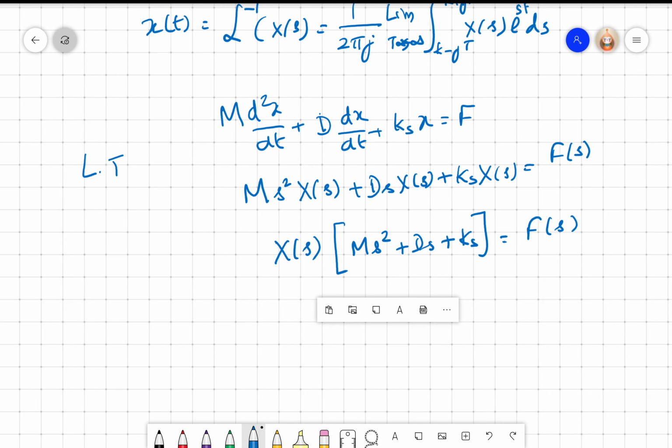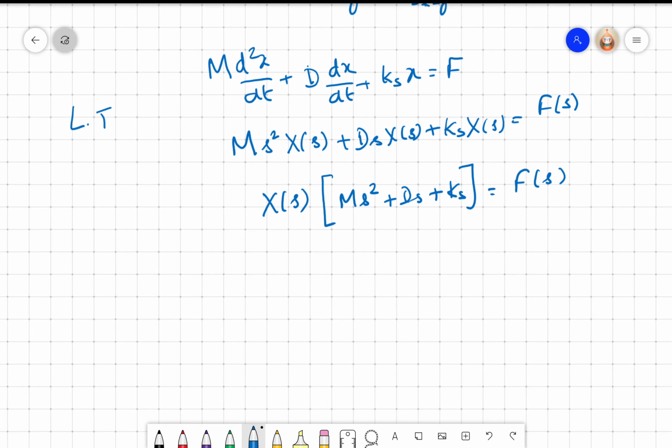Then I can easily calculate, if I have the mass, damping, all those values, I can put them in this equation and calculate whatever I want to calculate.